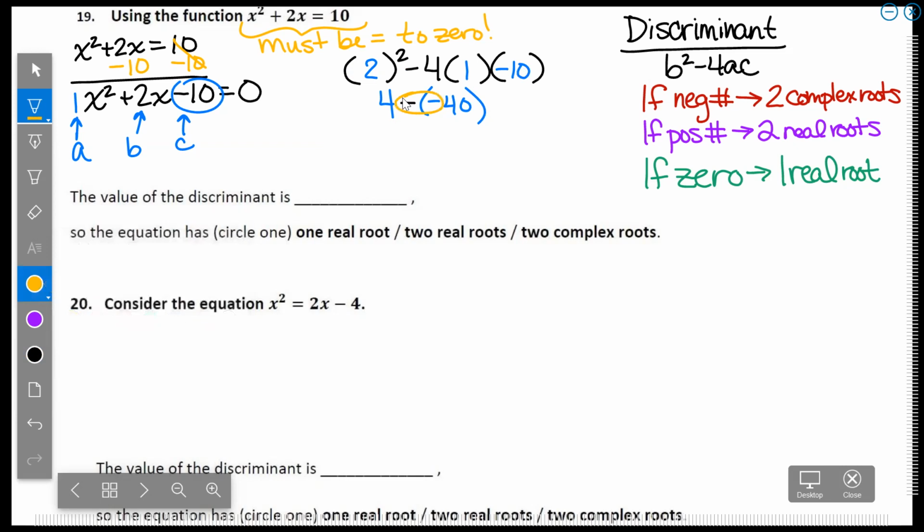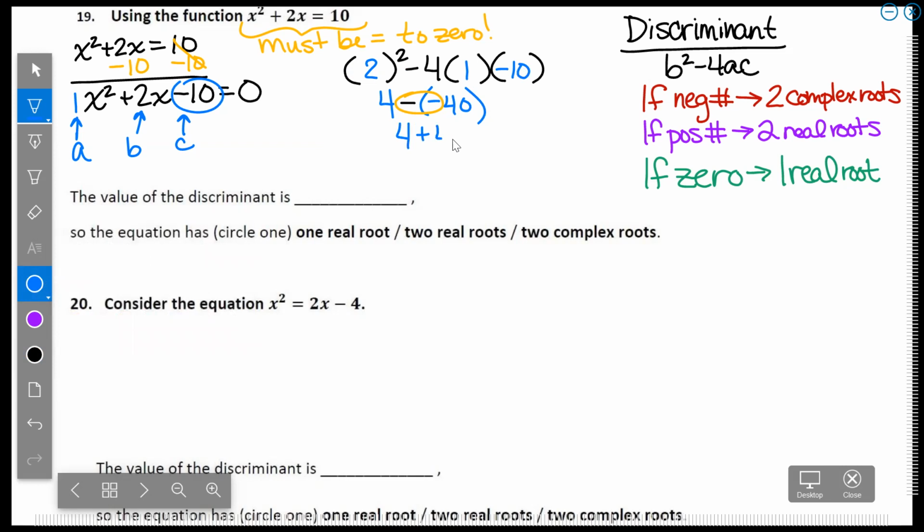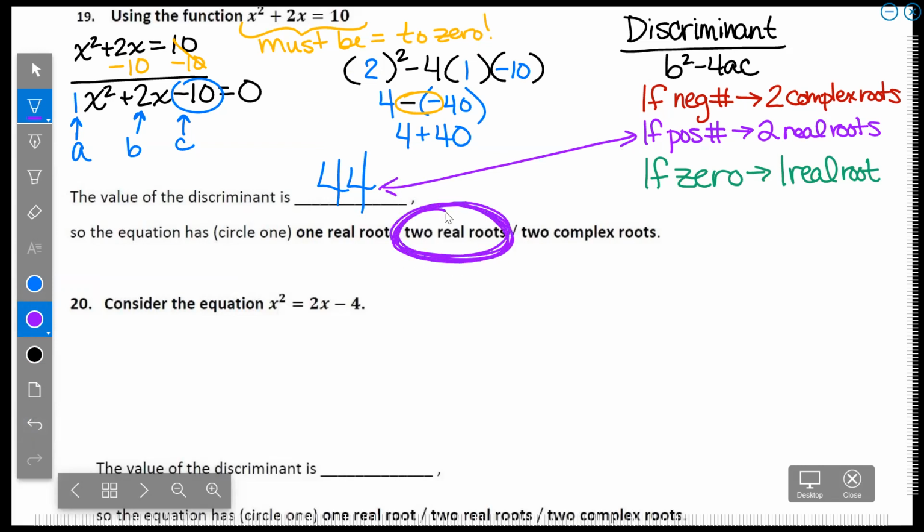What happens right here? Yeah, turns into addition. Oops. So I have 4 plus 40, which gives me 44. So what does that mean about my roots? 2 real roots, because I came up with a positive answer. I want you guys to try number 20 on your own. Same exact process. Try number 20 on your own.